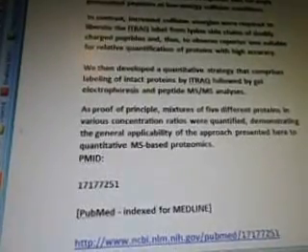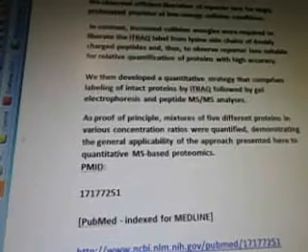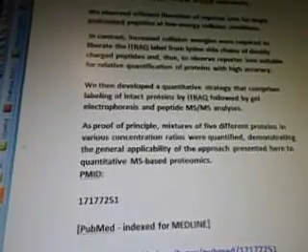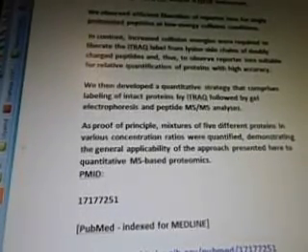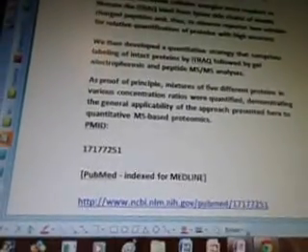We then developed a quantitative strategy that comprises labeling of intact proteins by iTRAQ, followed by gel electrophoresis and peptide MS analyses. As proof of principle, mixtures of 5 different proteins in various concentration ratios were quantified, demonstrating the general applicability of the approach presented here to quantitative MS-based proteomics.